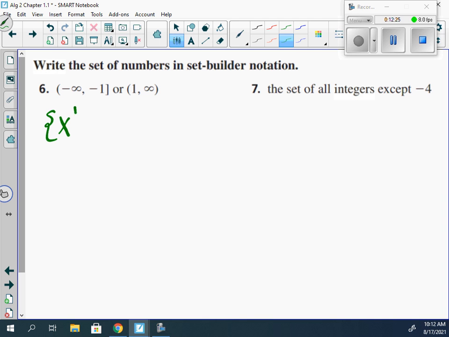So we just have, for all real numbers x such that, what? x is less than or equal to -1, or x is greater than 1.